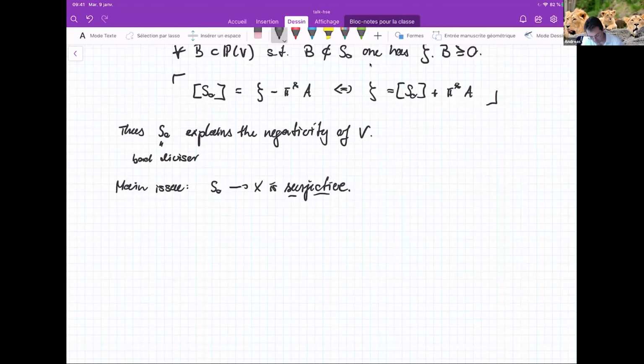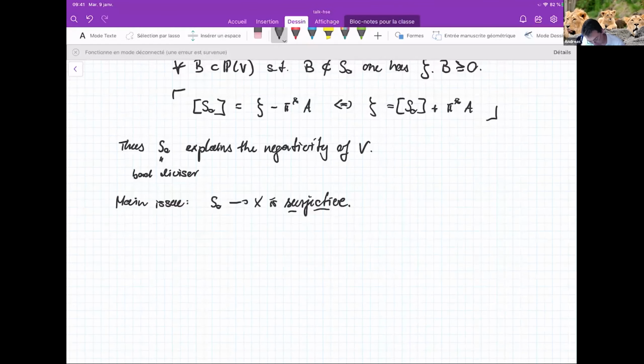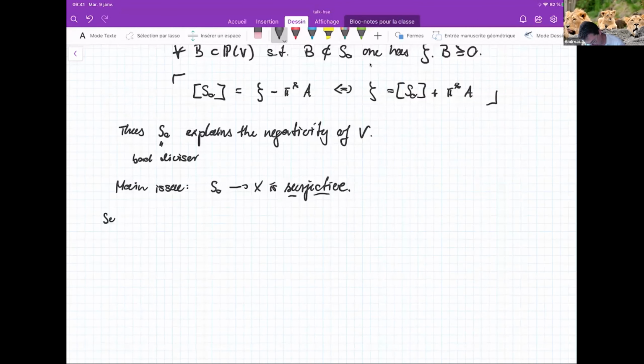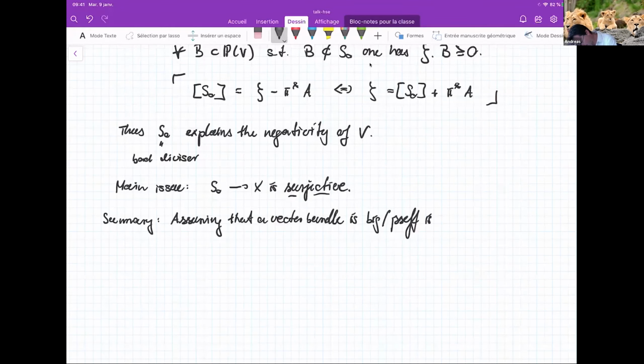Okay, so my summary of this example is: assuming that a vector bundle is big or pseudo-effective, which is a priori a rather weak property, all kinds of funny stuff can happen.